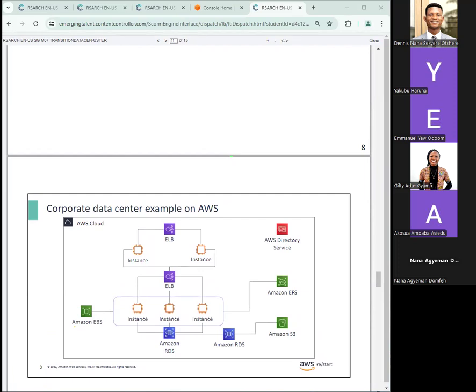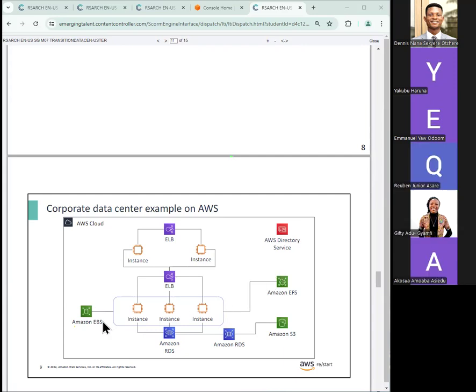No, EFS is not a database, it's a storage option just like EBS, but EBS is a block store and EFS is a file system. So EBS is one-to-one. Each EBS volume has one instance. And if you want them to share a single storage, then you would go for EFS.